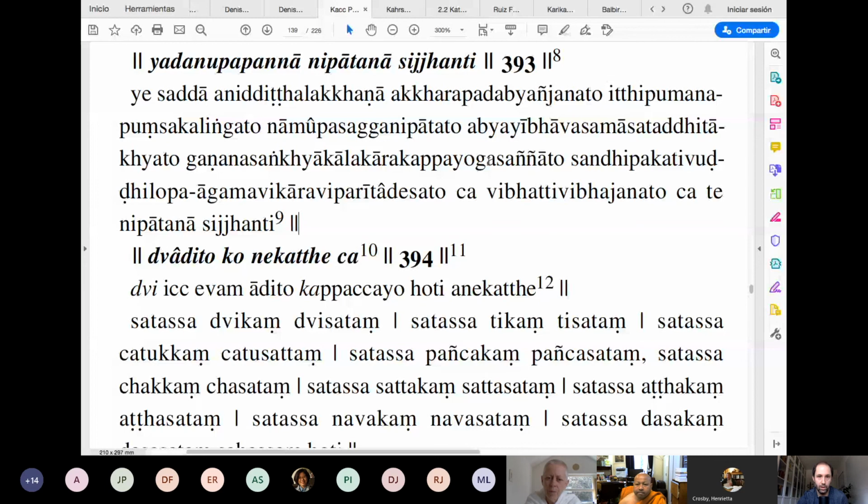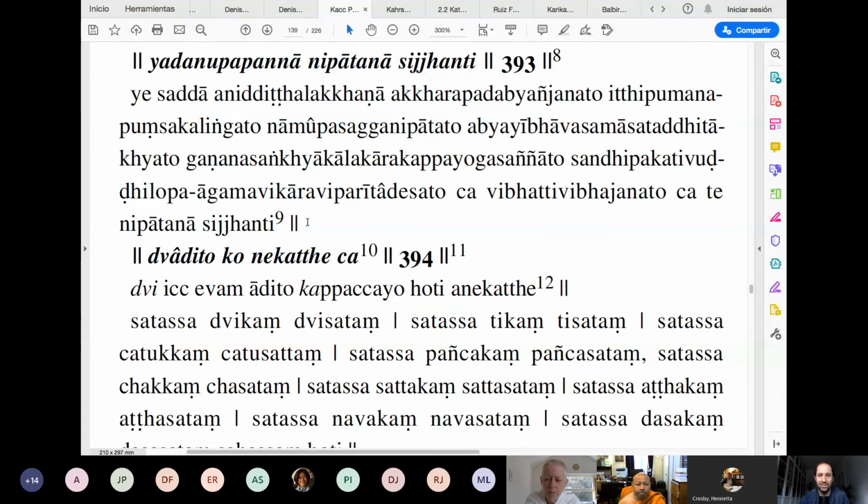Sandhi pakati buddhi lopagama vikarapati satocha vyati vivajantocha te nipatana. So they are siddhanti, considered or formed. Nipatana, I understand as nipatas in all these meanings, but this is a little bit complex.